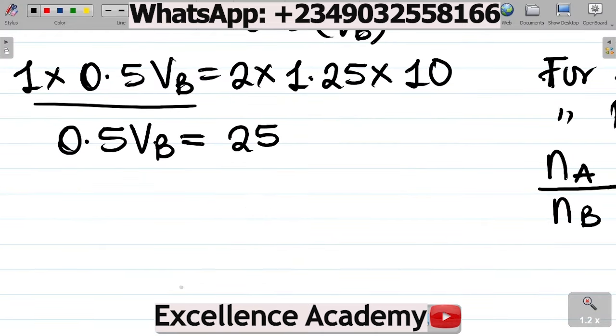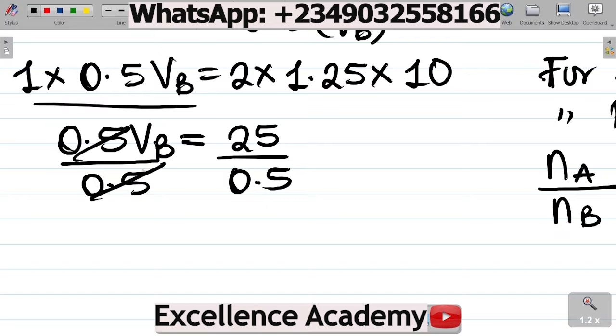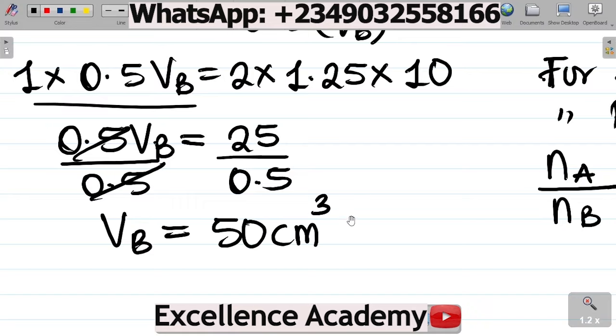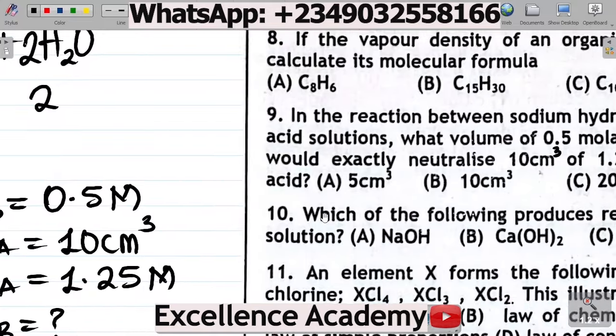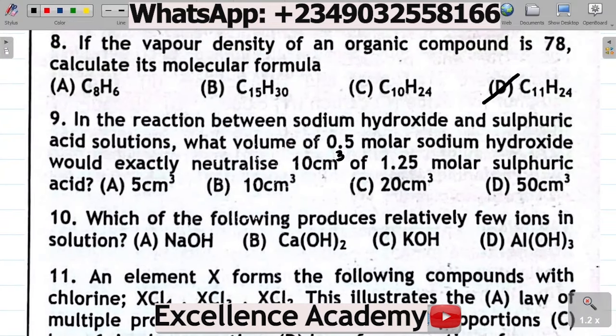To get Vb, divide both sides by 0.5. The volume of the base is 25 over 0.5, that's 50. So the volume of the base is 50 cm cube. That is option D, 50 cm cube.